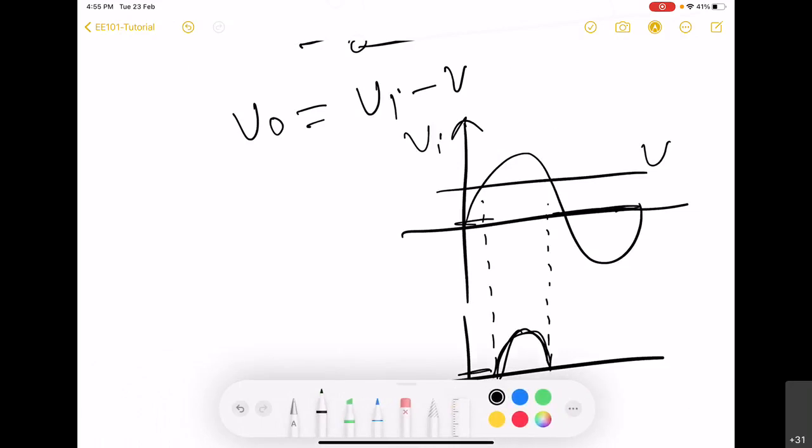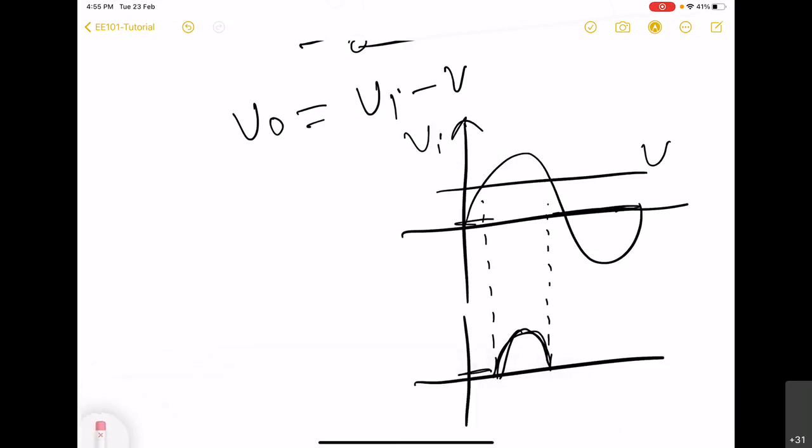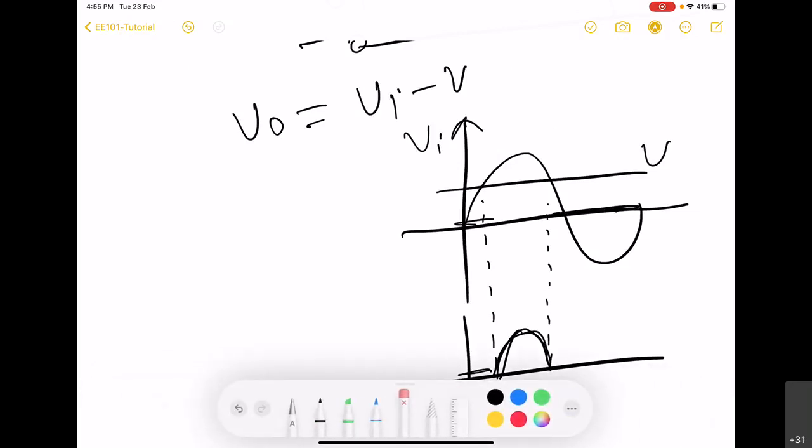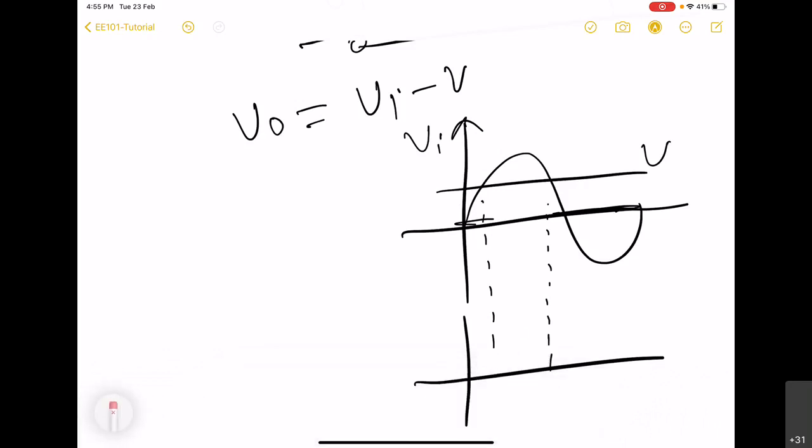So this is going to be my output, and this maximum is going to be Vm minus V, right?